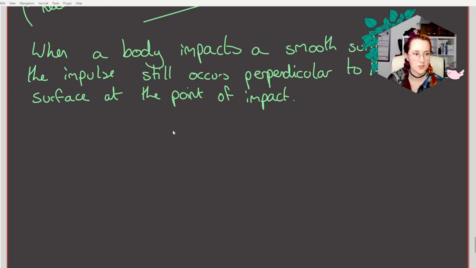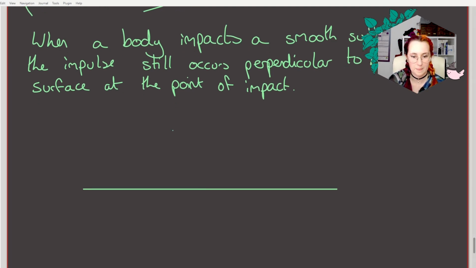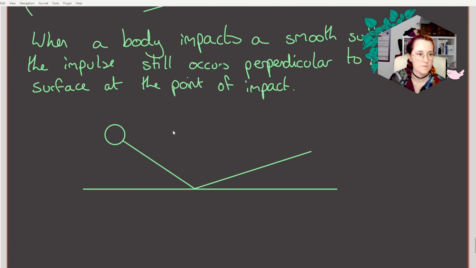So if I do another drawing and make it even bigger this time, again, we have our alpha and beta just to label the angles. Again, we're going to say that the starting speed is u and the final speed is v.